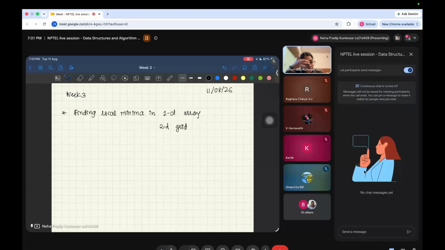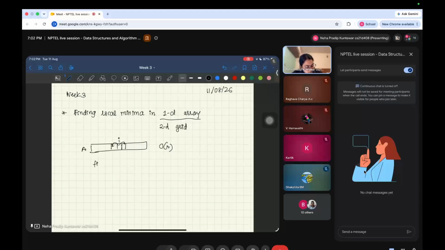So what is the time required to find a local minimum in a one-dimensional array? You have an array A and you want to find an element such that its neighbors are larger than it, both of its neighbors. One way of doing that would be to scan through the entire array and find the minimum element. That will be an order n time algorithm, right?